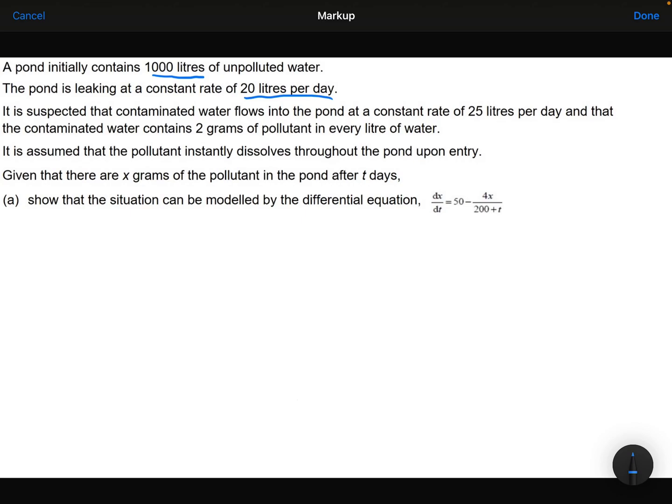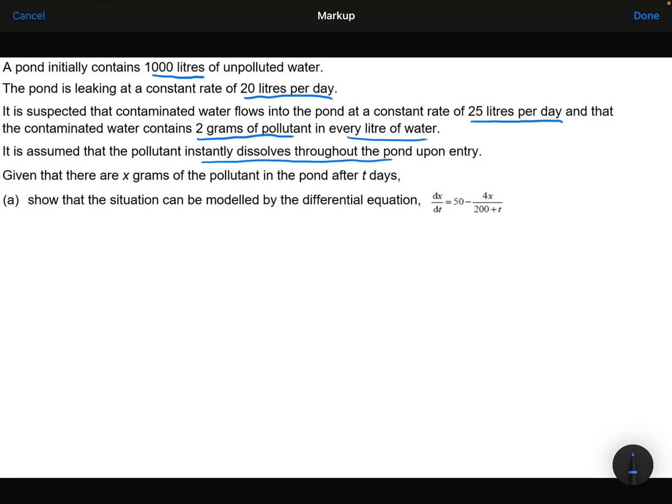It is suspected that contaminated water flows into the pond at a constant rate of 25 litres per day, and that the contaminated water contains 2 grams of pollutant in every litre of water. It is assumed that the pollutant instantly dissolves throughout the pond upon entry.